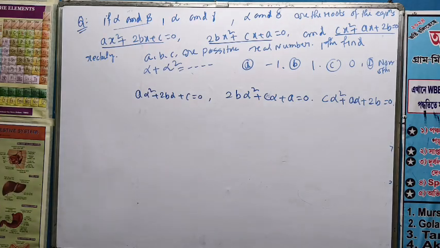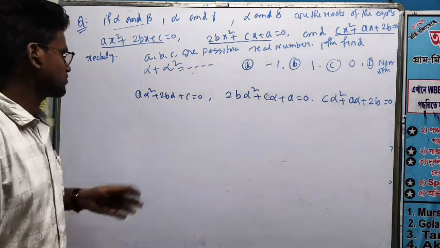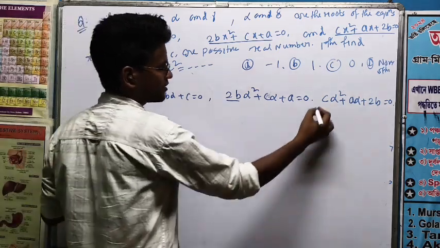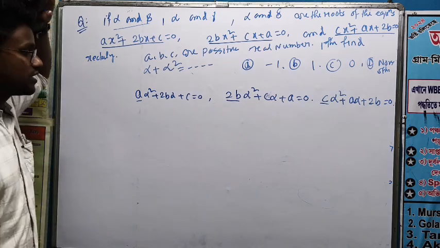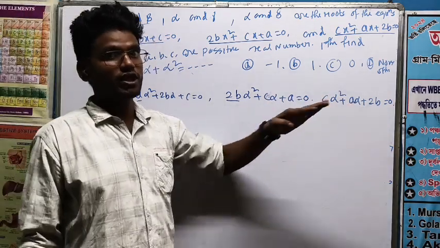At first, check the coefficients of alpha square. This is a, and this is a, and this is 2b plus c. Then if you add all three equations, what happens?